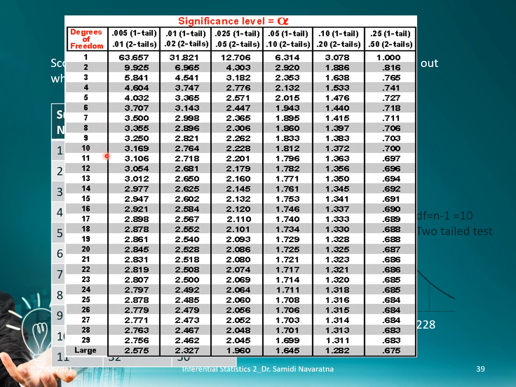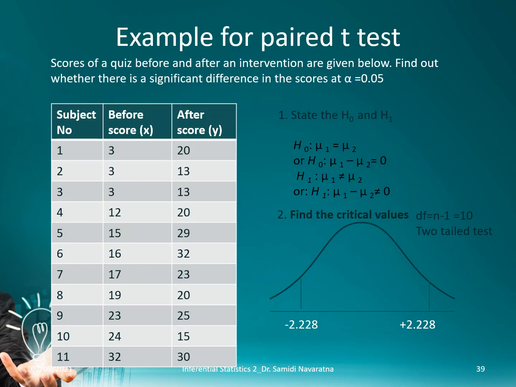And the significance level for two tails is 0.05. So 10 and 0.05, two tails. It's here: 2.228.